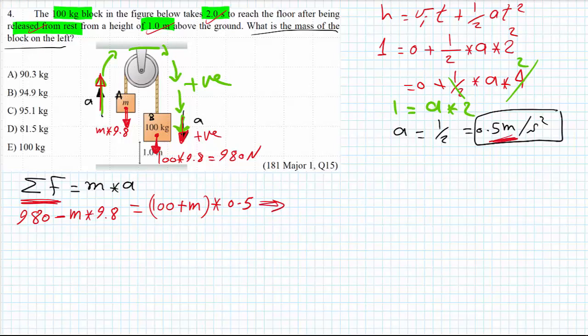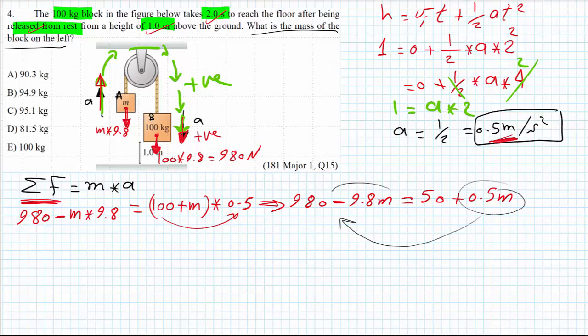Let's simplify it. 980 minus 9.8 times m equals 100 times half gives you 50 plus 0.5 times m. Let's move the 0.5 m to the first side, and it's better to move the negative 9.8 m to the right hand side and take the 50 to be negative 50 to the other side.